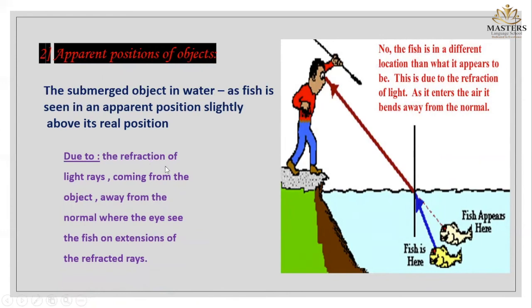Due to refraction of the light rays coming from the object away from the normal, where the eye sees the fish on the extension of the refracted ray. This is the extension of the refracted ray. This is the apparent position, the tricky position, which is not true, but the true position is here due to refraction.